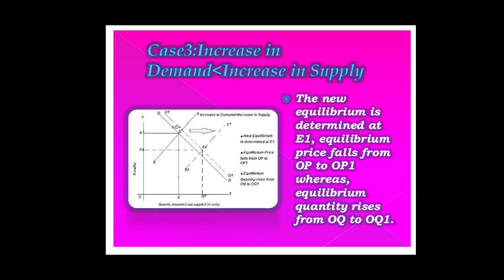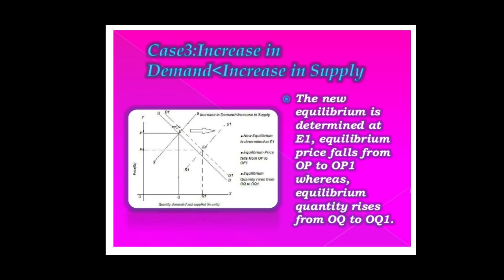In case of increase in demand and increase in supply, the demand curve shifts rightwards to D1 and the supply curve also shifts rightwards to S1. From the figure, it is clear that increase in demand is less than the increase in supply, or we can say increase in supply is greater than increase in demand.